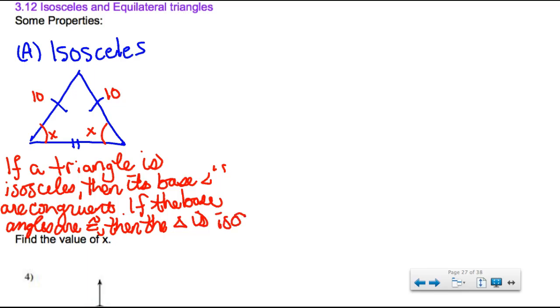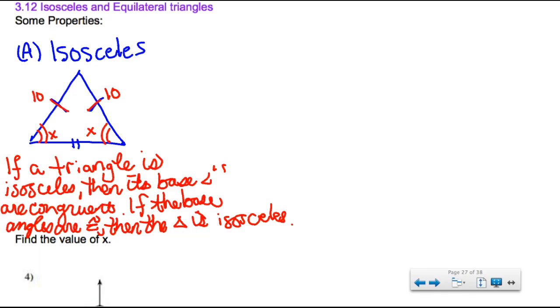So it works both ways. Ugh, I always struggle spelling isosceles. It's a weird word. Isosceles. So what it's saying is if you have a triangle and these two angles are marked congruent, you can conclude that these sides across from them are also congruent, and vice versa.